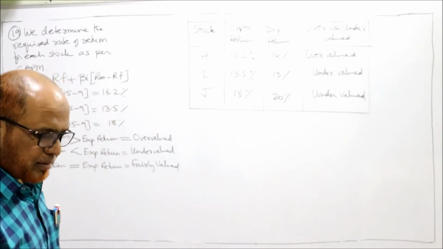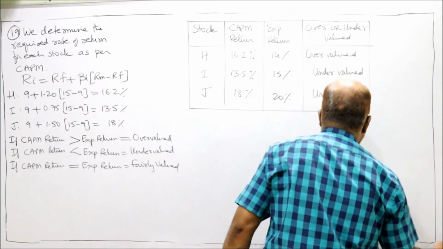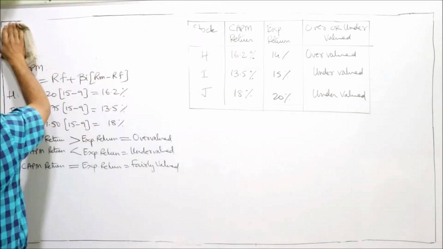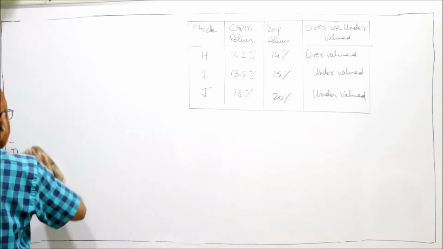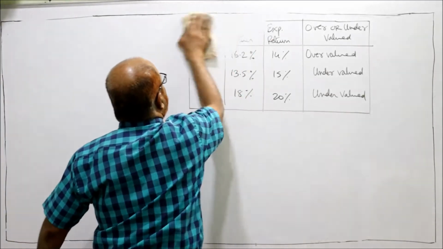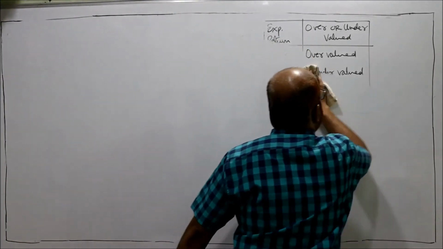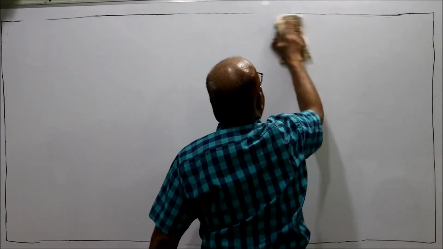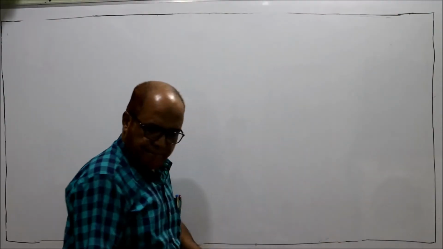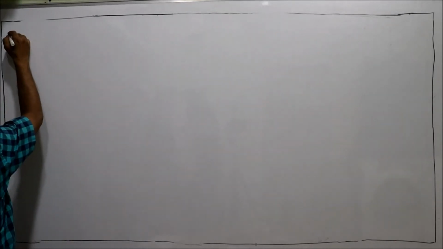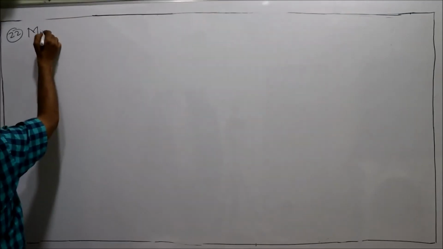It is called minimum risk portfolio. This is problem number 22. Minimum risk portfolio.